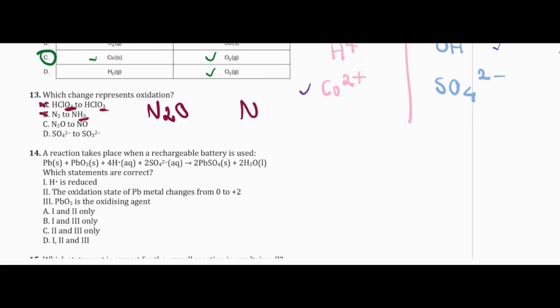So N2O and NO. So here we have -2, which means the nitrogen will be +1, whereas here again we have the -2, but the nitrogen is +2. So yeah, that's oxidation. It will be C. In D again we can see that there's a decrease in oxygen, so it can't be D.